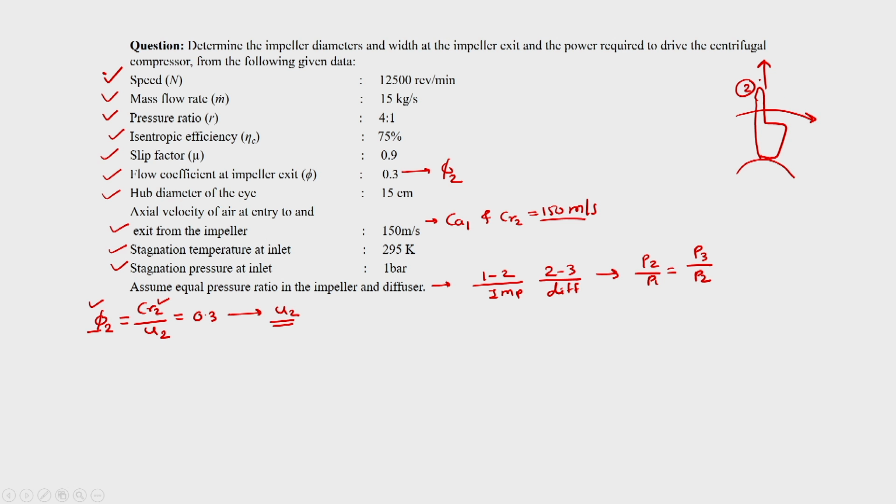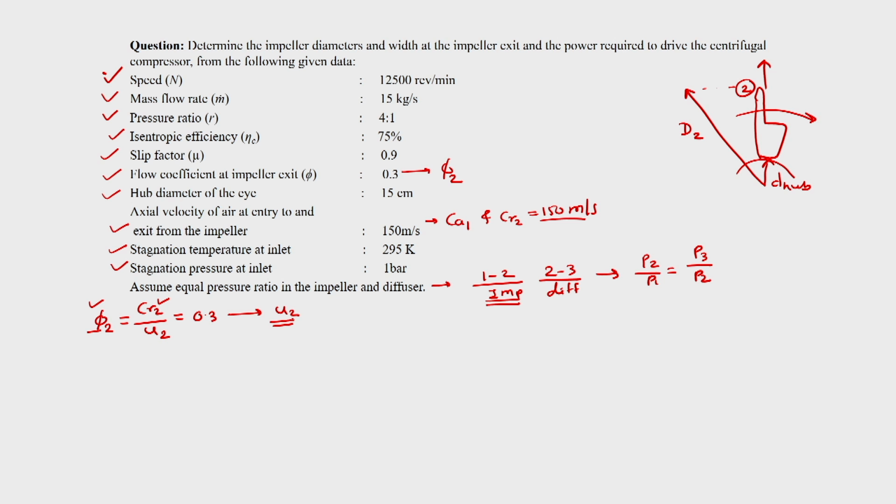We are told that this is the diameter of hub, D hub, and this is diameter 3, so this is the radius corresponding to that diameter D3. And this is D2, since 1 to 2 is impeller.